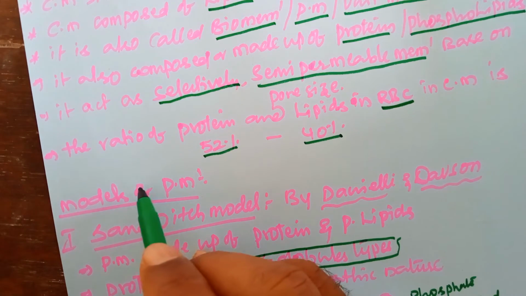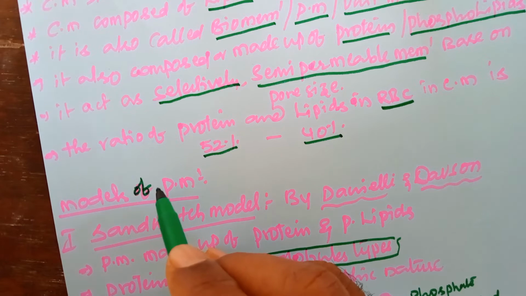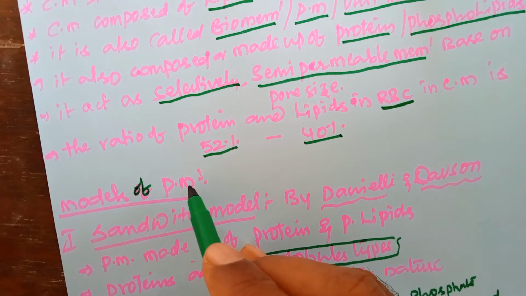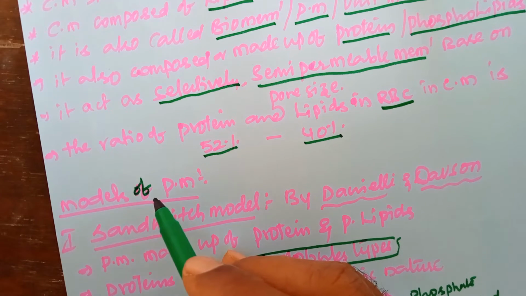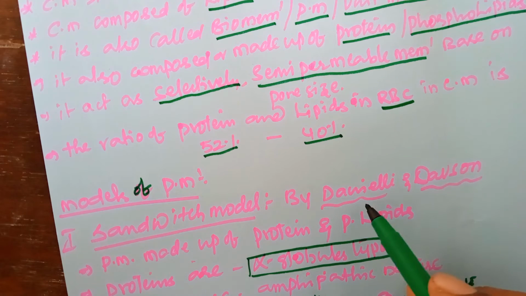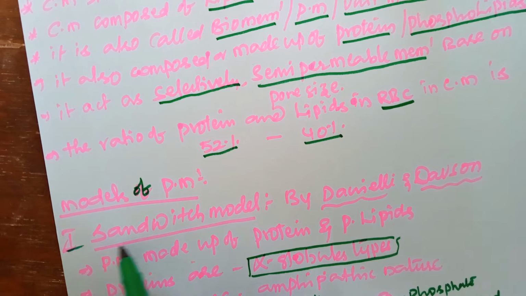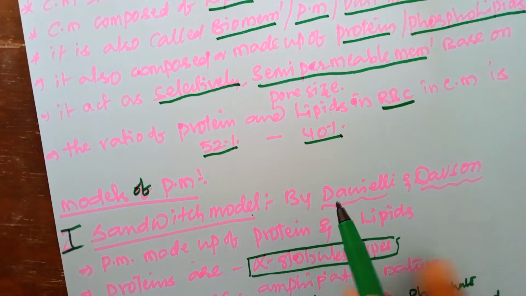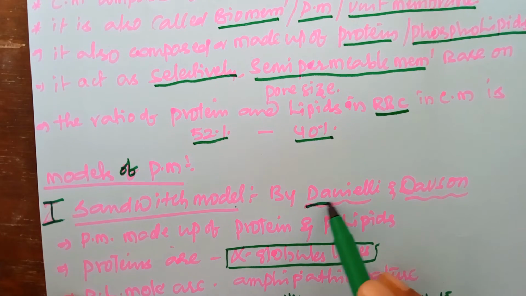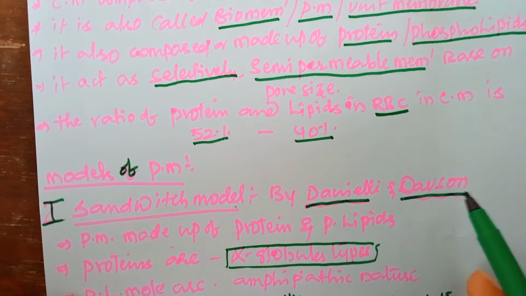There are different controversies and descriptions regarding the plasma membrane or cell membrane. Nearly 3 types of models have been described by different scientists. The first model is the sandwich model. The sandwich model was first explained by the scientists Daniel Lee and Davson.